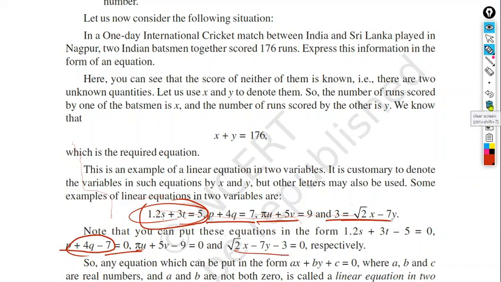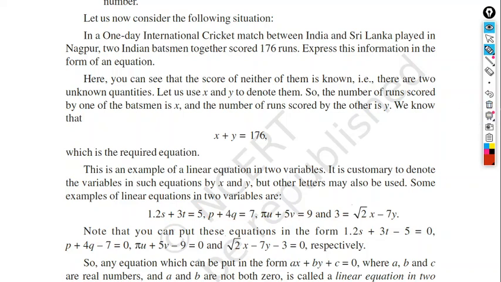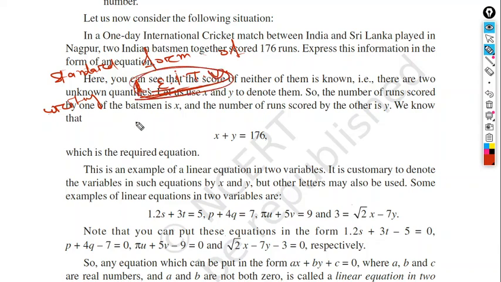Okay, one more thing you need to remember: there is a standard form of writing a linear equation in two variables. Right now I'm writing it as a linear equation in two variables. So how can we write it?